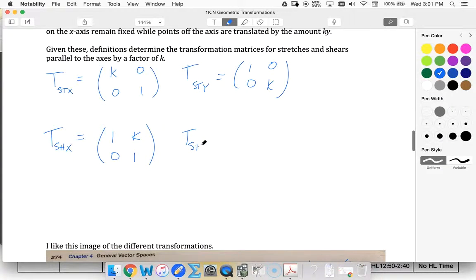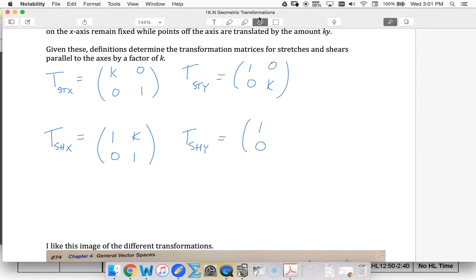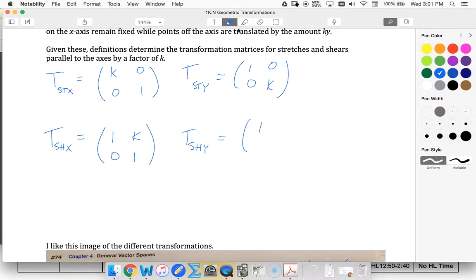If we shear parallel to the y-axis, our first x value stays the same, but our y value is going to have kx added to the y coordinate. So there's our matrix transformations for these stretches and shears.